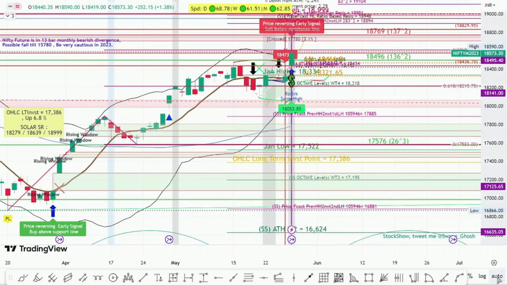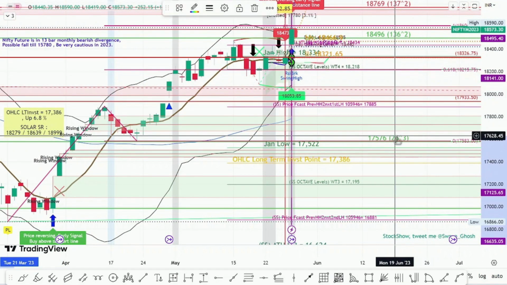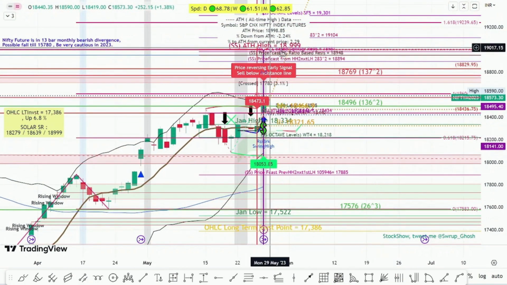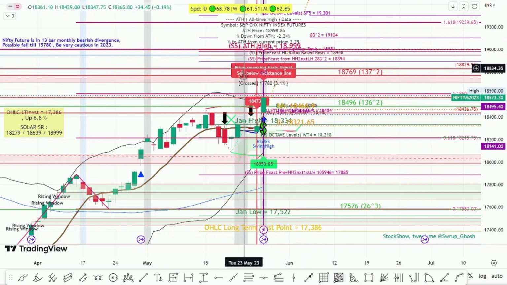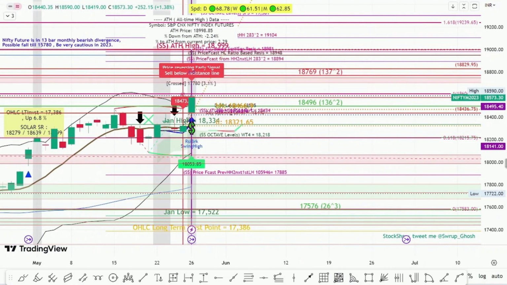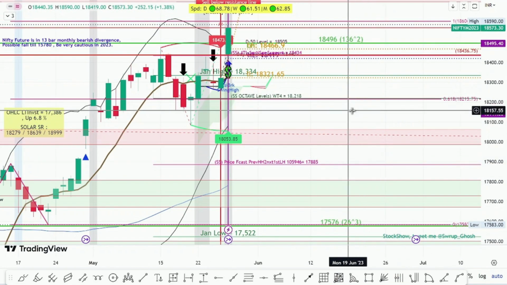Similarly in Nifty, right now it is giving a signal that this is the all-time high line, plus it has generated a price reversing early signal. So I should be cautious. I should not be emotional and jump the gun to buy.